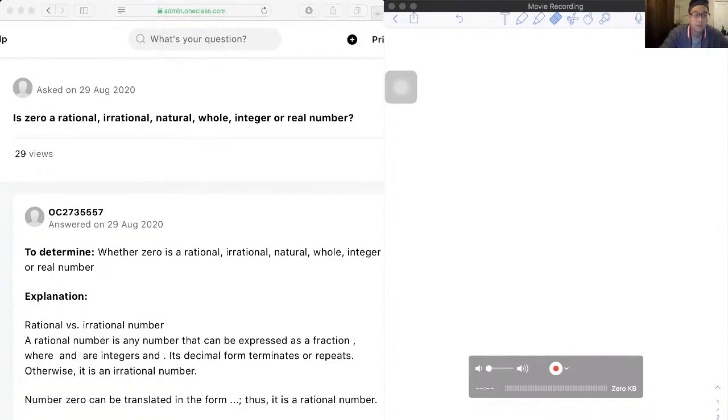Our first question today is asking us, is 0 irrational, natural, whole, integer, or real number?